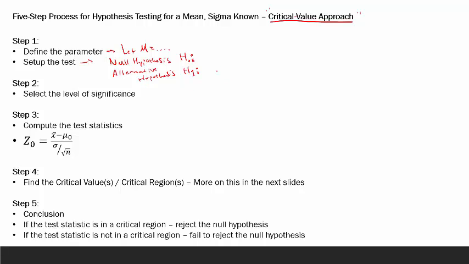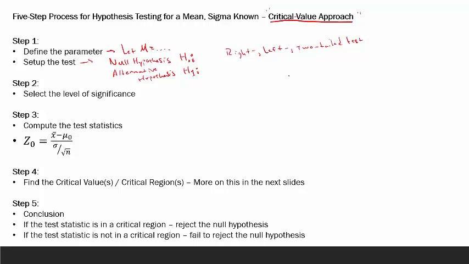Remember, at this step you're going to have to pick from one of three tests. It either can be a right-tailed, a left-tailed, or a two-tailed test. I have three examples in this lecture, and we're going to do one of each so you can see how each one is done.